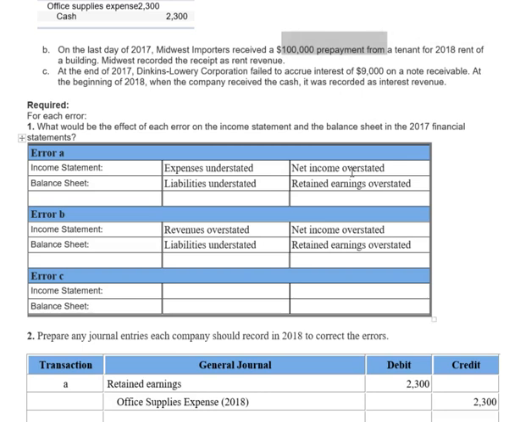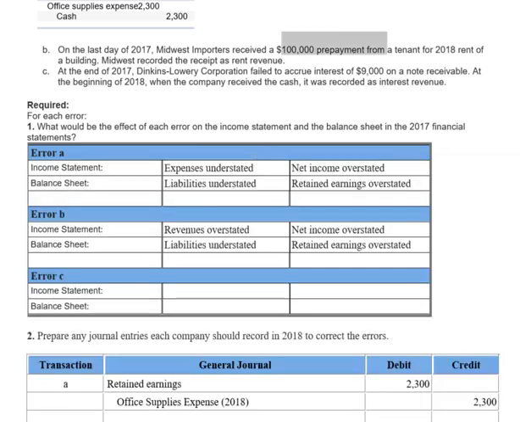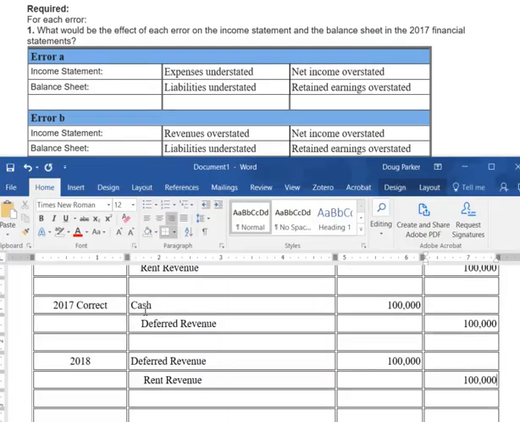So you could do two entries to fix this issue, because really what would happen in 2018 is we would then debit deferred revenue for the 100 because we would earn all of that in 2018, and then we would credit the rent revenue this year. So how do we fix it? Well, we could do an entry where we actually put all this 100 into deferred and then reverse it out.